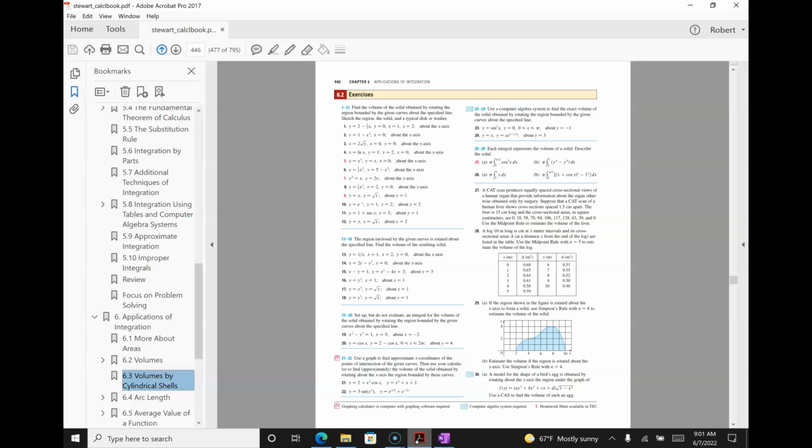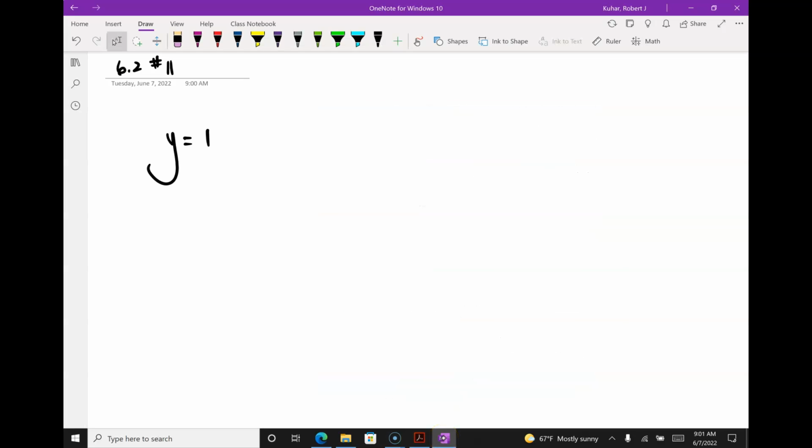What do I have? y equals 1 plus secant of x, y equals 3, about y equals 1.